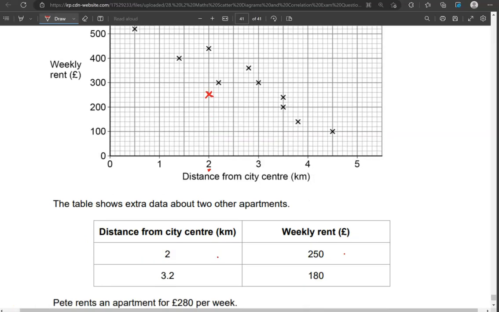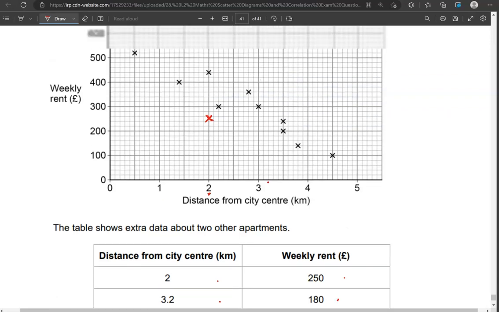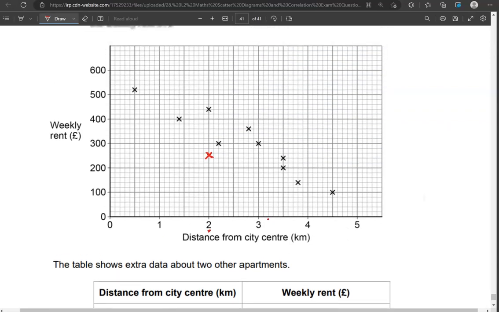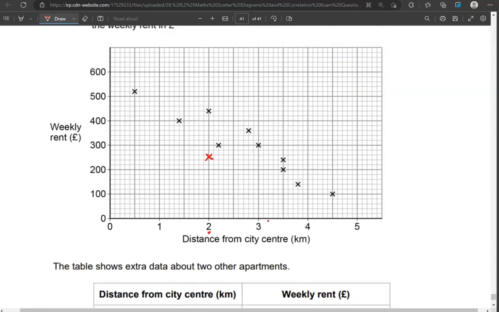And the other apartment, 3.2 kilometers away from the city centre, so there is 3.2, going up to £180. So that will be here. So we've plotted the extra data.